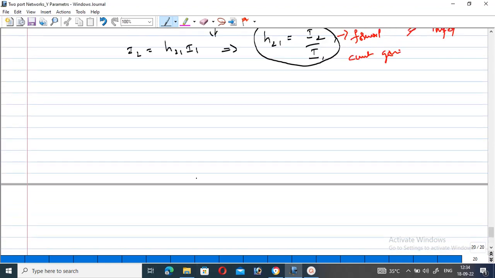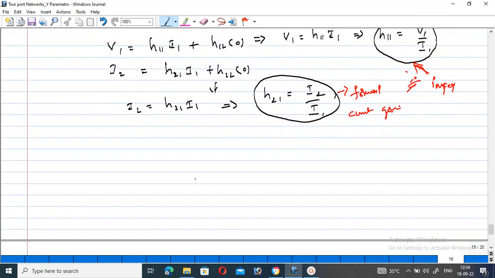Okay, therefore, for the second consideration, write down the point here: when the input port is open circuit, at that time I1 is equal to 0. When I1 is equal to 0, what happened? What are we getting here?